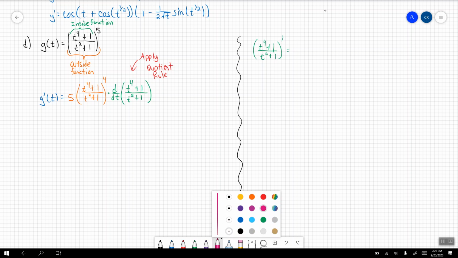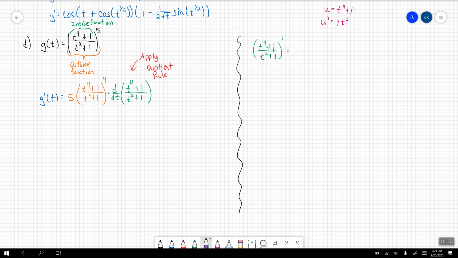I'm going to say that u is equal to t to the fourth plus 1, which means u prime is going to be 4t cubed. I'm also going to have v, which is t squared plus 1, so v prime will be 2t.